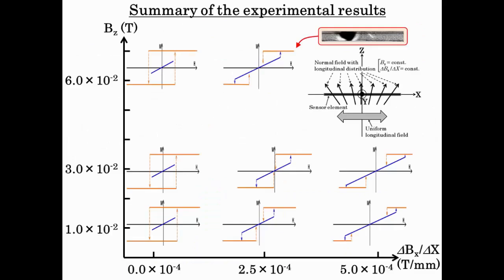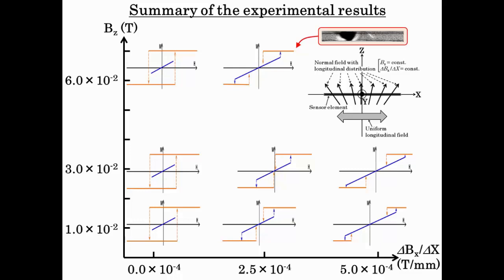I'd like to summarize my presentation. This is a summary of the experimental results. Estimated MH curve is plotted on the measurement condition. Please notice when the distributed parameter is 0, the MH curve is the one which has hidden stable state in spite of the normal field value.